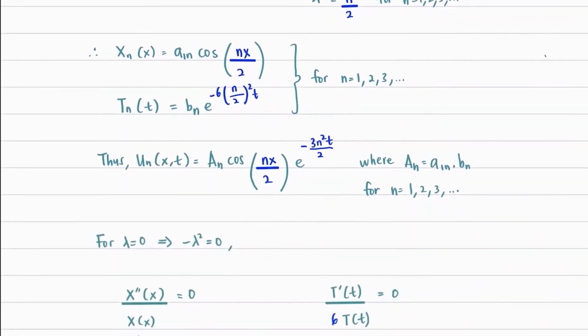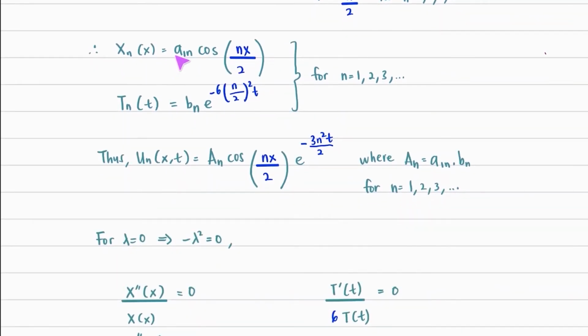We can conclude that X_n is equal to a1n cos(nx/2). T_n(t) is equal to bn exponent negative 6 times (n/2) to the power of 2 times t, for n equal to 1, 2, 3 until infinity.